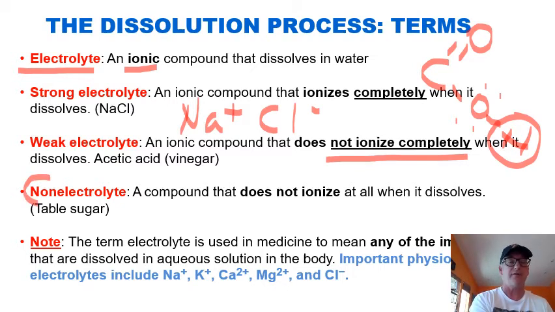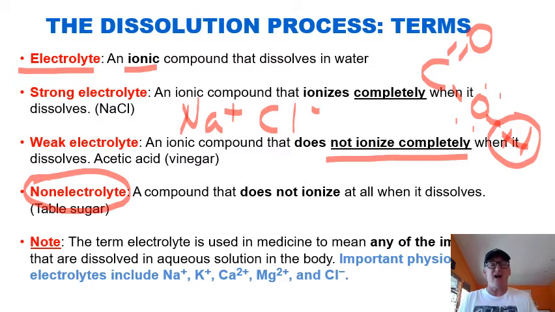And a non-electrolyte is something that doesn't release any ions at all. So sugar, when it dissolves, isn't ionic. It's covalent. And so when it dissolves in water, you don't see any ions appearing. So it is not an electrolyte at all. Basically, what we call electrolytes is something that can conduct electricity in water.